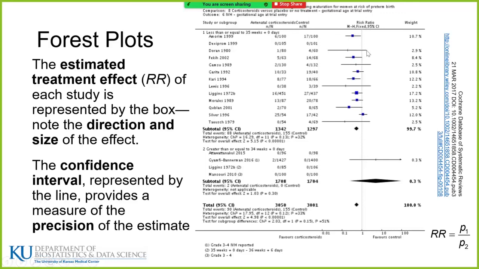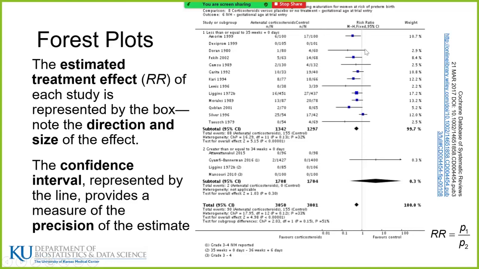This confidence interval is telling us it could be as low as 0.01 or as high as 1.2 or 2.0. And that's basically evidence of low quality, because we have different conclusions that could be drawn based on the values of the relative risk that are included in this interval.